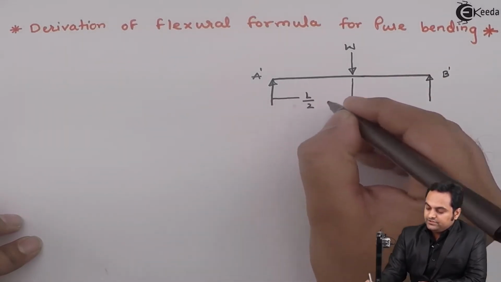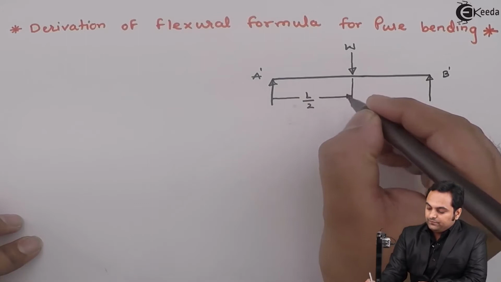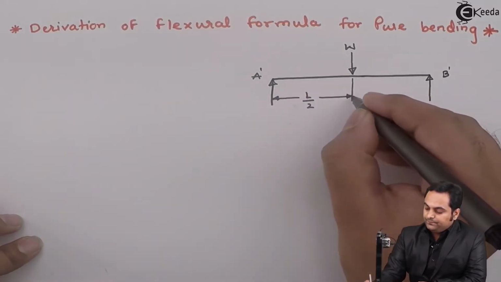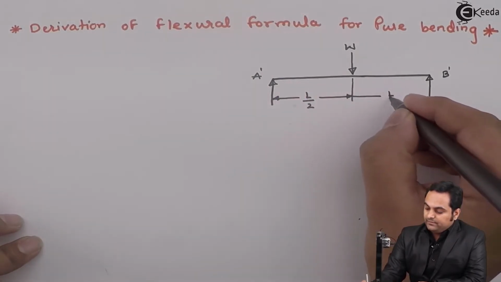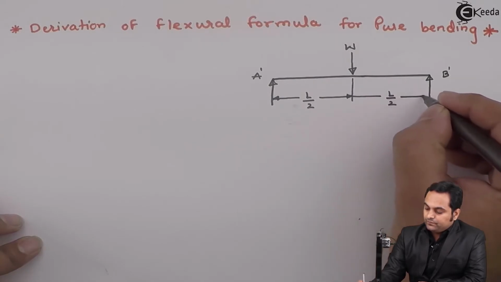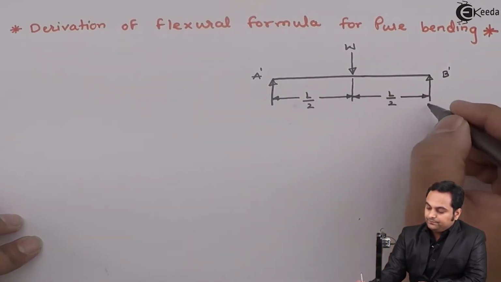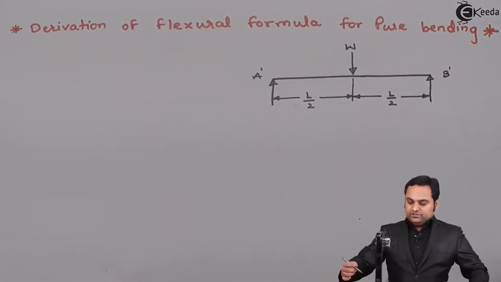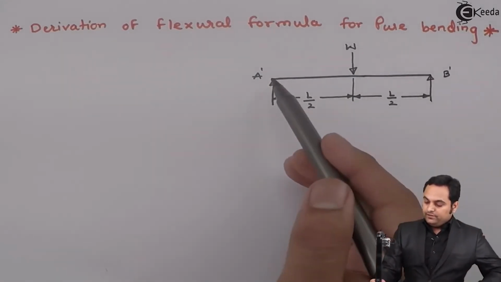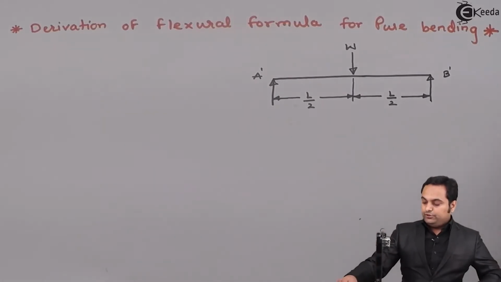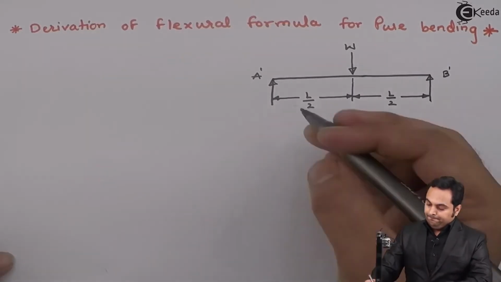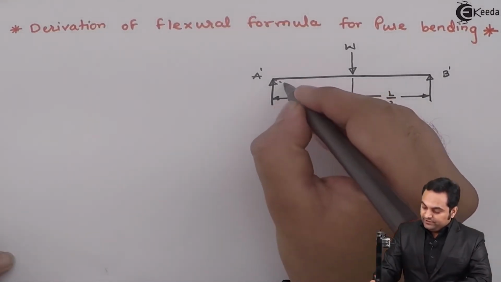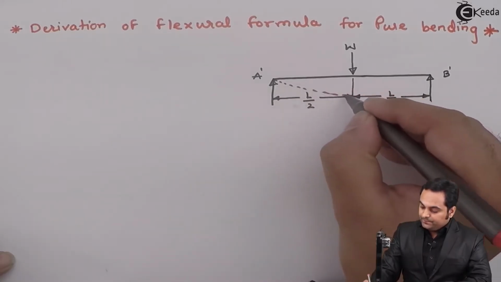So the distance is L by 2 from A and L by 2 from B. Now under the action of this load W, the beam A dash B dash is going to bend, and the nature of bending will be in this way.